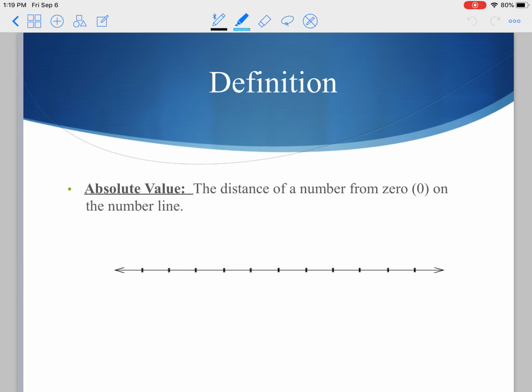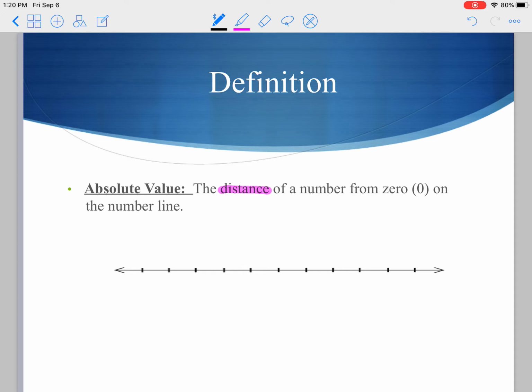Absolute value. The definition being the distance of a number from 0 on the number line. The important and operative word being distance. Distance is a concept that can never equal a negative number.